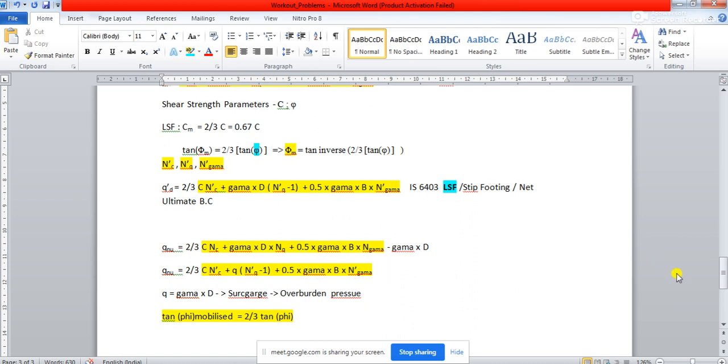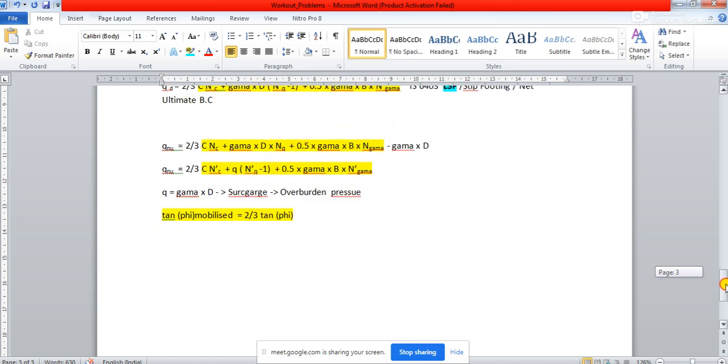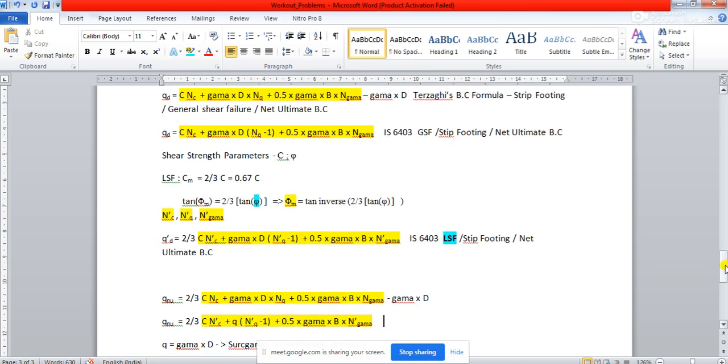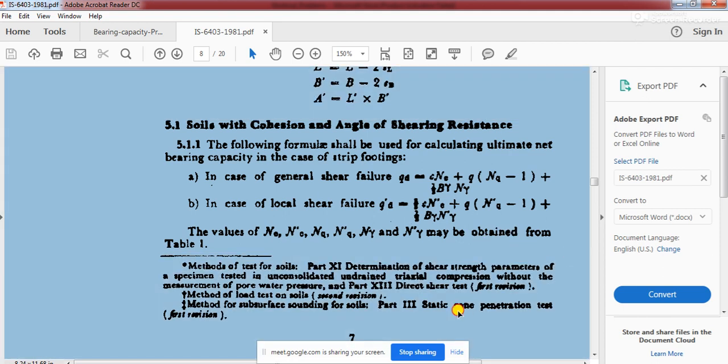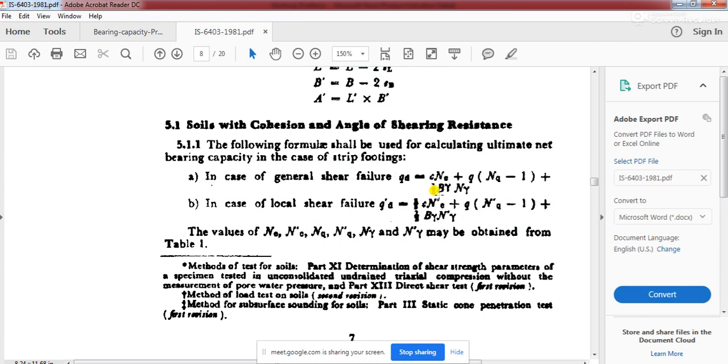Sir, in the code, in case of local shear failure, the net ultimate bearing capacity is equal to 2/3 c Nc. Yes, this one is 2/3.